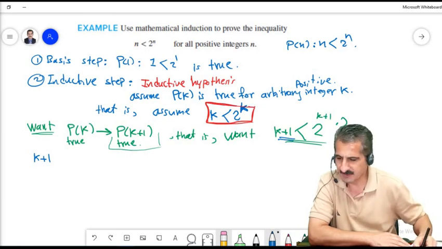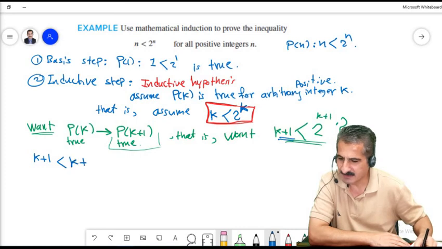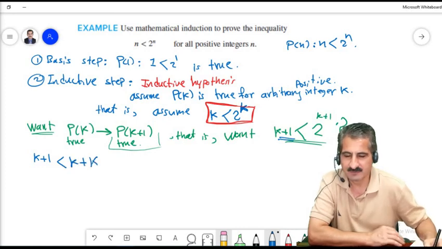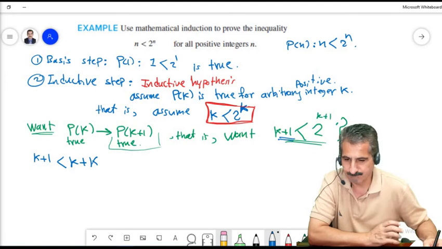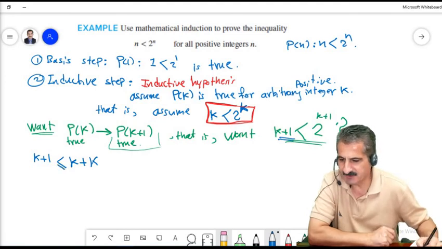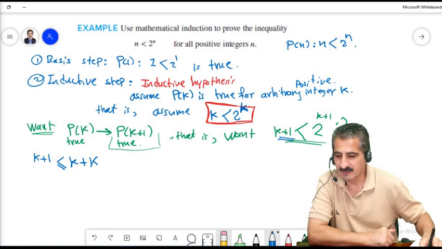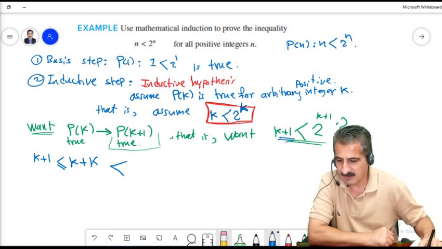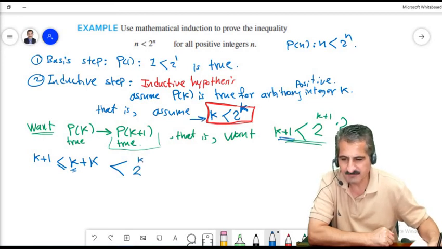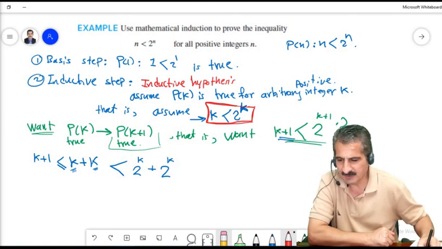Actually k plus 1 is less than k plus k, correct? Because k can be any integer. It might be 1, so I will say less than or equal. Now each one of these, this one is less than 2 to the power k. How did I know that? Using this. And again, I have another k here. And how did I know this? I will write here by the inductive hypothesis.